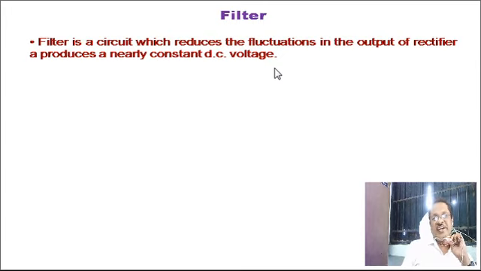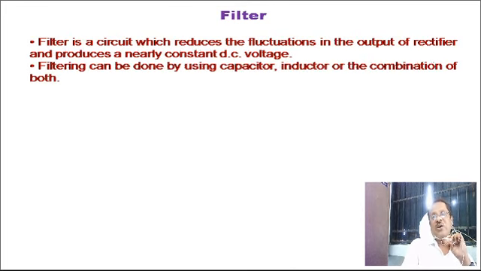Now for filtering, capacitors and inductors are used. Filtering can be done by using the capacitor, inductor, or the combination of capacitor and inductor. Filter circuits are constructed by using capacitor, by using inductor, or by using the combination of both capacitor and inductor.